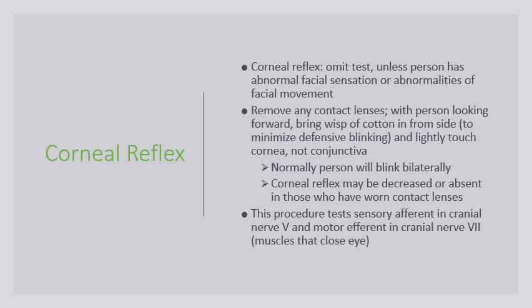Have the person look straight forward, and I stand at the side instead of in front of them, but bring a wisp of cotton or a Q-tip in from the side so that they don't see it, and touch the cornea but not the conjunctiva from the side, and the person will blink bilaterally.